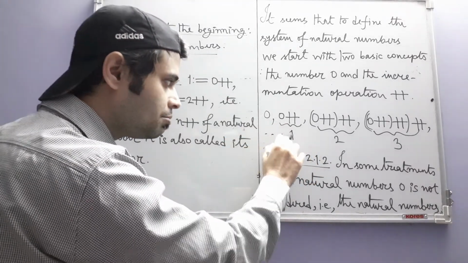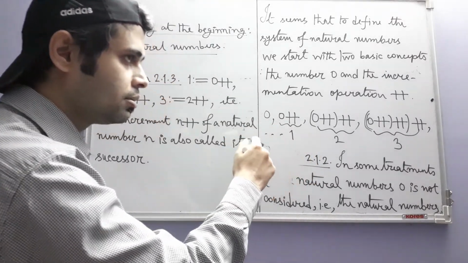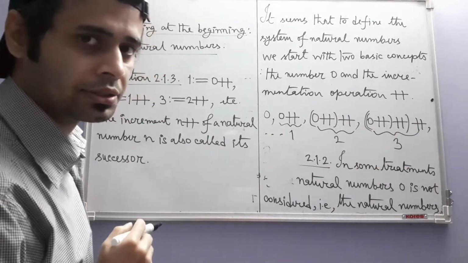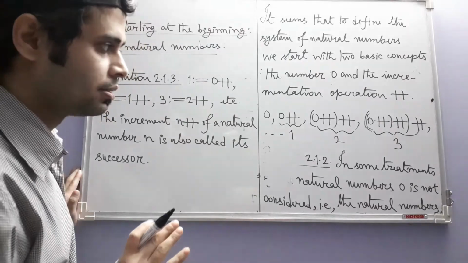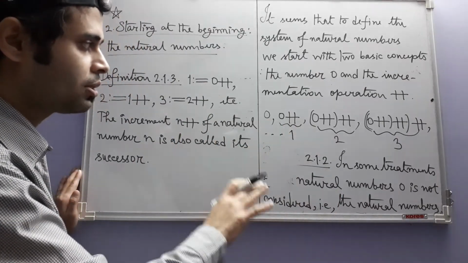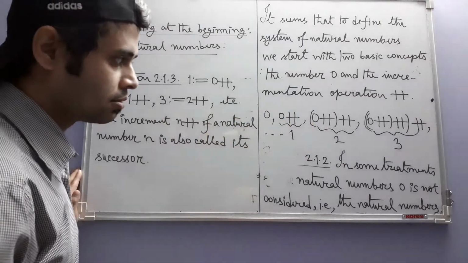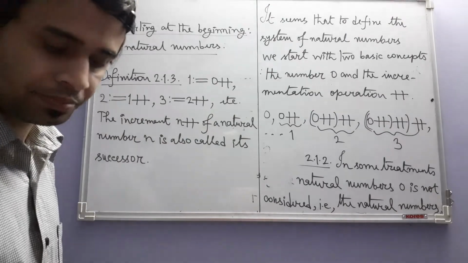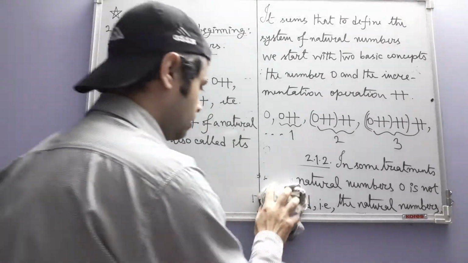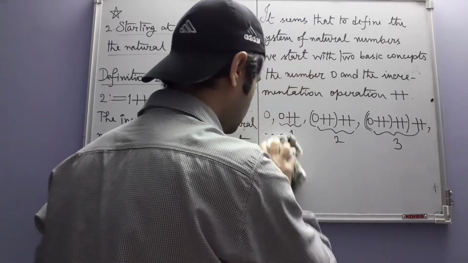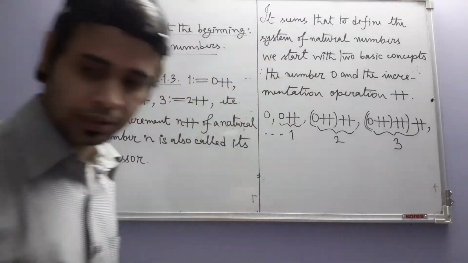Whether you write them using decimal or even Roman numerals, nothing will change. So that's why the mathematics that we will develop is not dependent on the system in which the numbers are written.